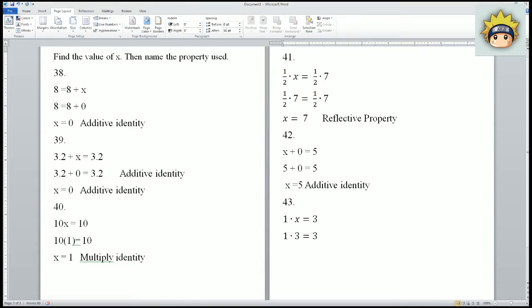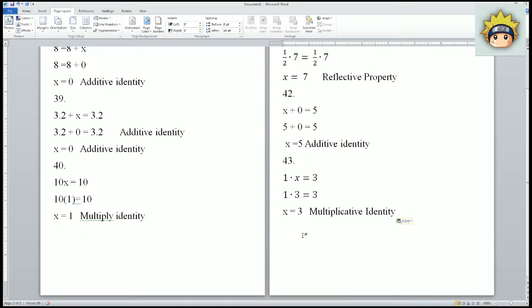So here x equals 3. We call that the multiplicative identity, because we multiplied by 1. 3 just became 3 because we only multiplied by 1. That identity of 3 stayed the same.